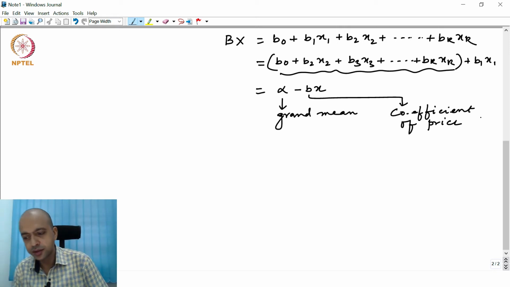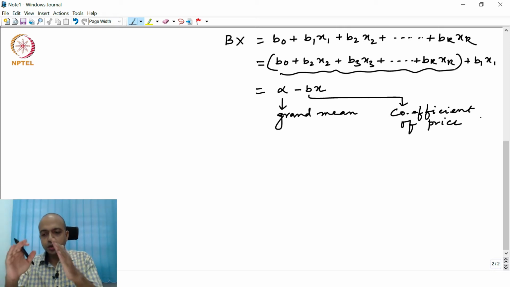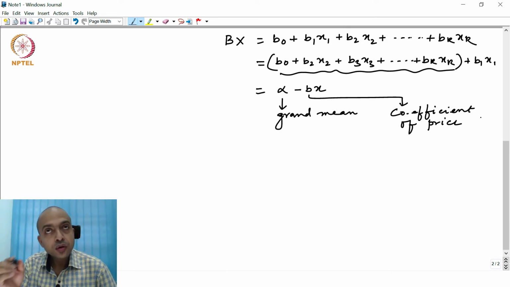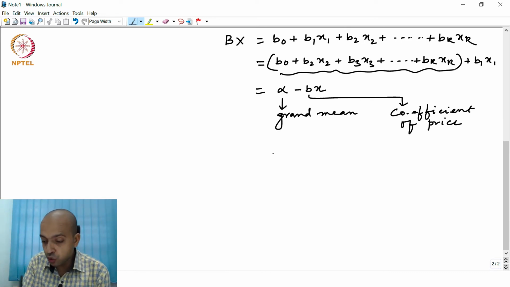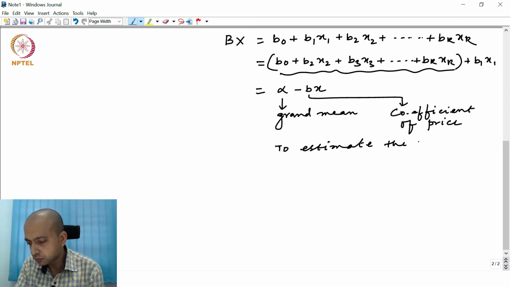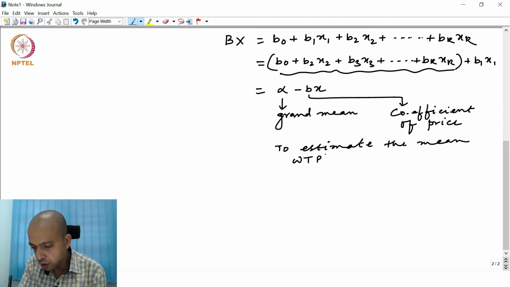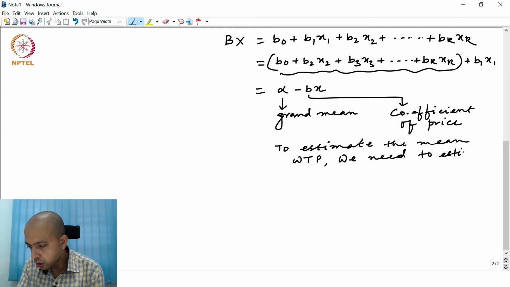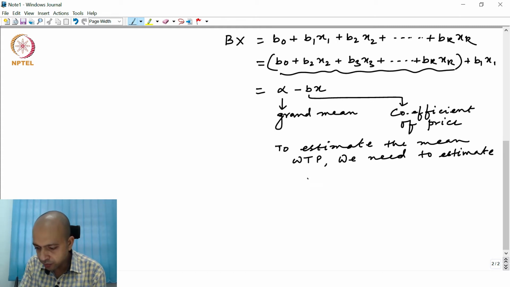Okay, coefficient of price, right? So that means here, to estimate the mean willingness to pay, or mean WTP, we need to estimate alpha hat and b hat.